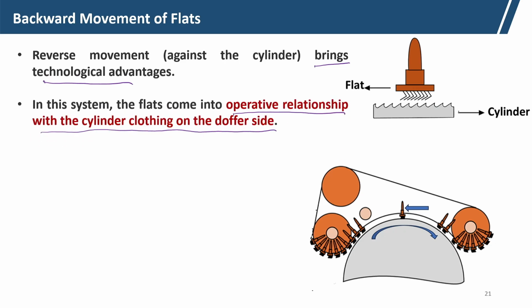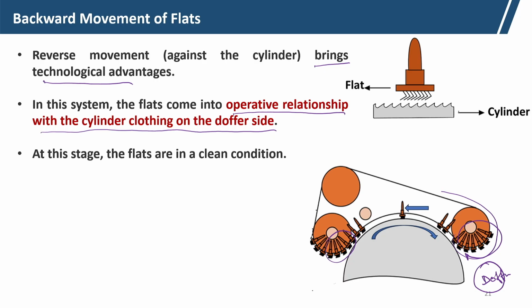Now, backward movement. In this system, the flat comes into operative position in this portion at the doffer zone. This is the doffer zone, at the doffer side. So here the flat comes in clean, but on this side when it is coming out, it is a fully loaded flat.